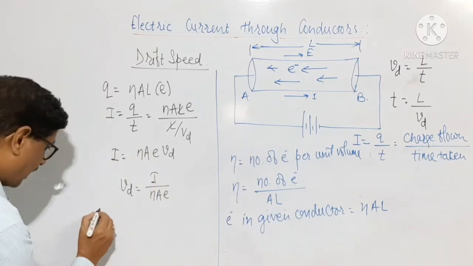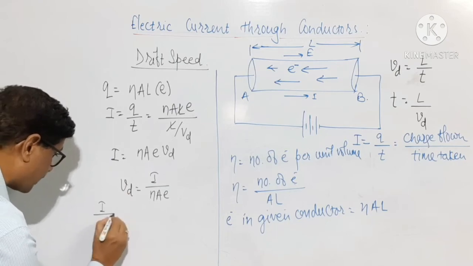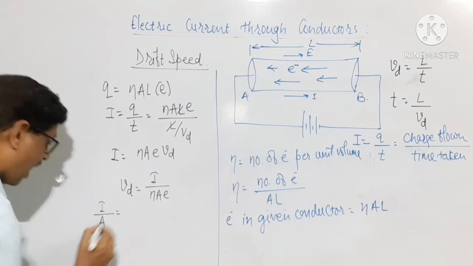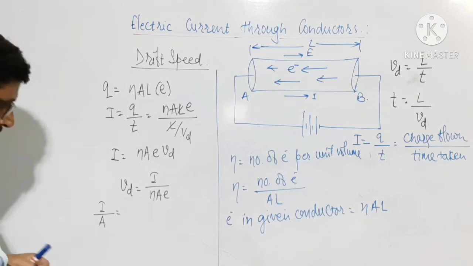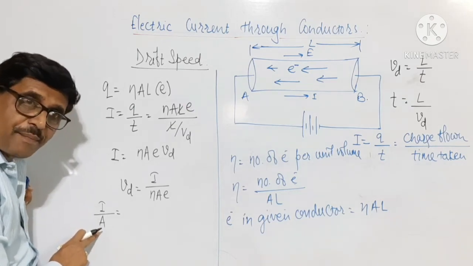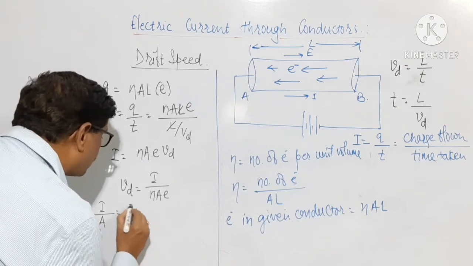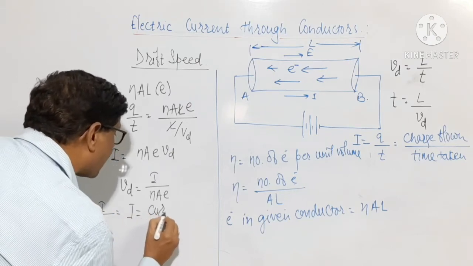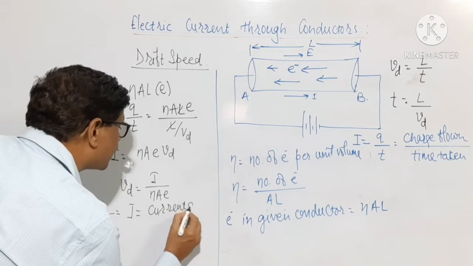But the current flowing through a cross sectional area, I upon A, is equal to J, which is called the current density.